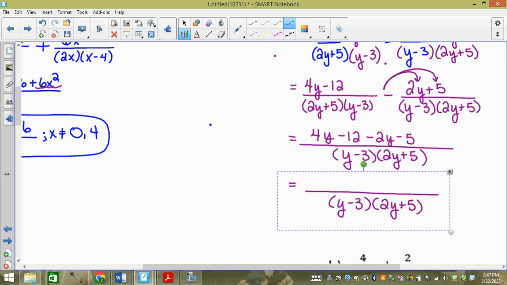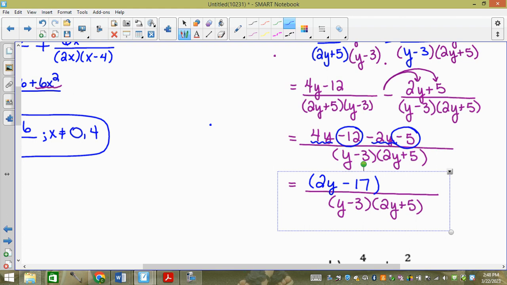And then we get 4y minus 2y is 2y. 4 yams minus 2 yams. We had the yam discussion. And then minus 12 minus 5 more, minus 17. Can I do anything else? Can I cross off like the 2 y's or something? No, it's a binomial, right? What do I still have to do?